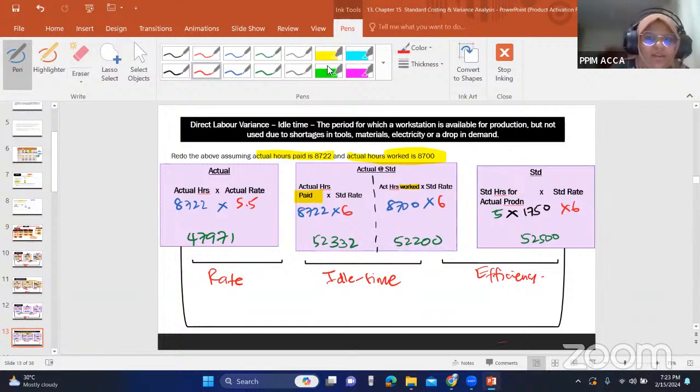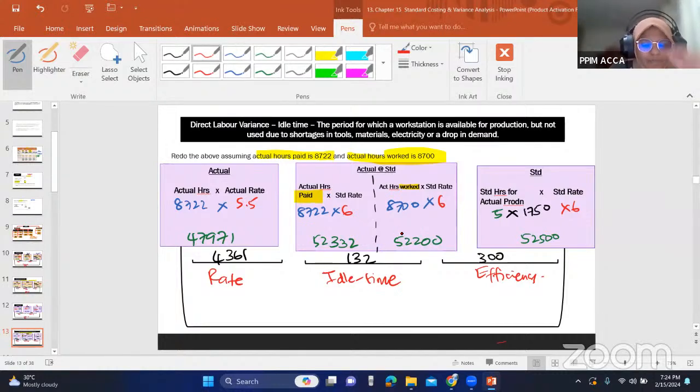Let's get the differences. 47,971 minus 52,332 is 4,361. 52,332 minus 52,200 is 132. 52,200 minus 52,500 is 300. I'm just taking the difference. Now let's figure out whether it is adverse or favorable.